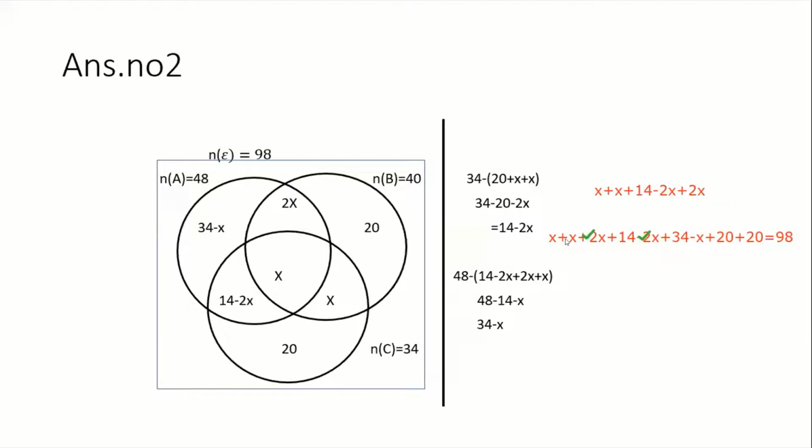We still have a negative here, so we shall eliminate this with that. Then we shall remain with an x, then collect the like terms.